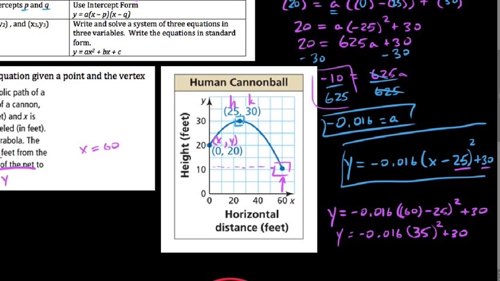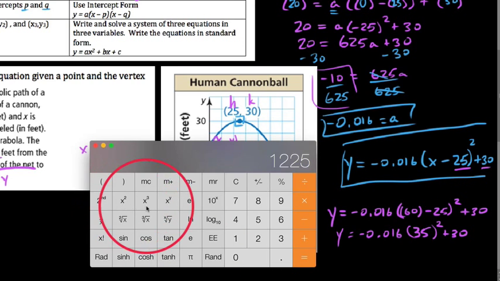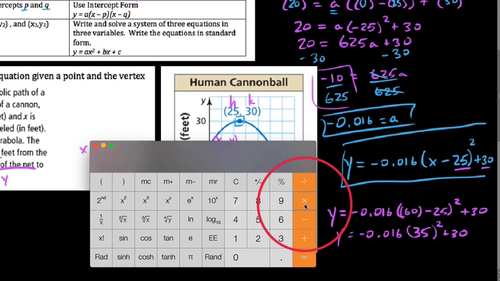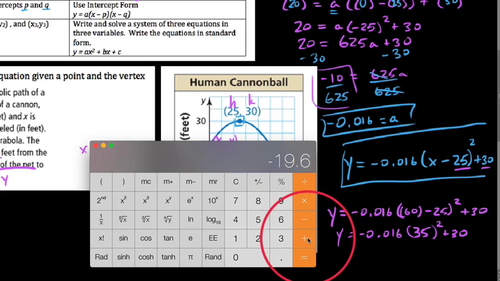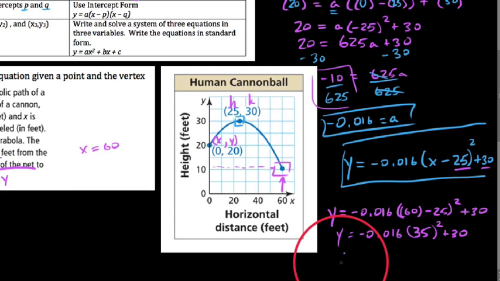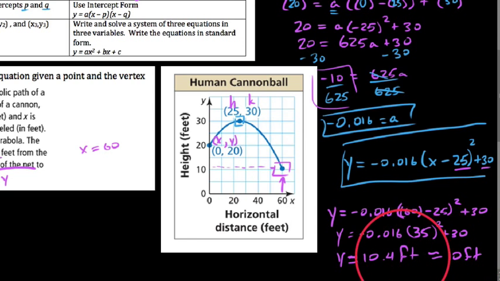So squaring our 35, I'm just going to hit my square key. Now I'm going to do our multiplication next, times negative 0.016. So we get this negative value, and I'll add 30 to it. And when I add 30 to it, we get 10.4. And so we'd say approximately, it's equal to 10.4 feet. But we did want to round this to the nearest foot, so we would say this is approximately 10 feet, which is supported by this graph.